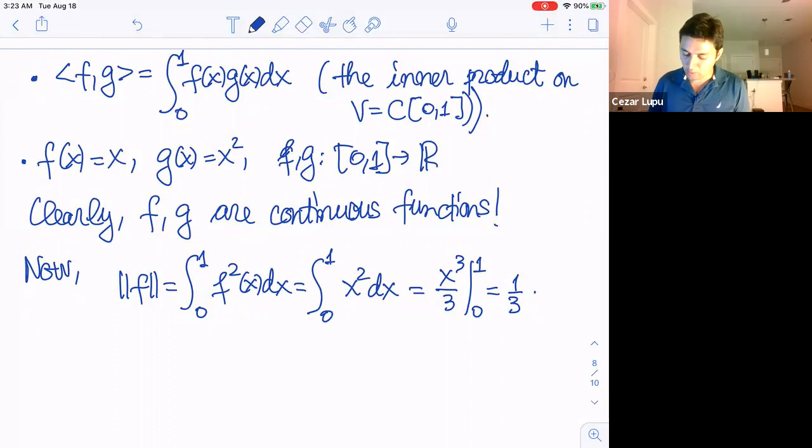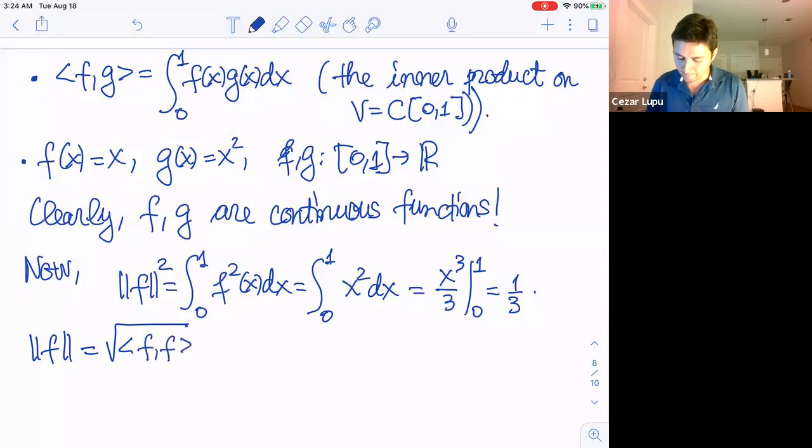Wait, the norm squared, right? Because the norm of f is the square root of the inner product between f and f, right?